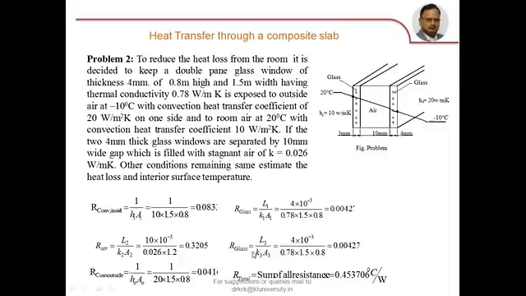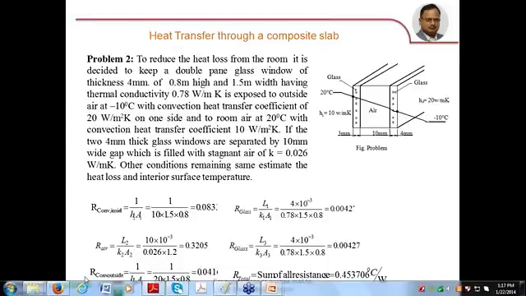Fourth resistance is again glass resistance. The fifth resistance is convection outside resistance. So all these resistances are acting one after the other for the flow of heat. Hence the total resistance is nothing but the sum of all the resistances.